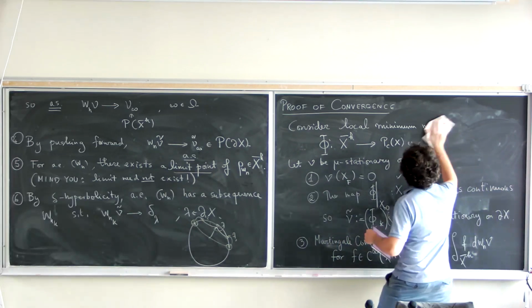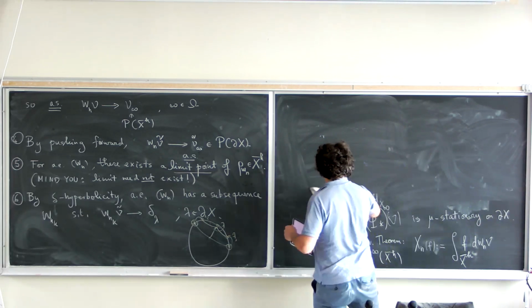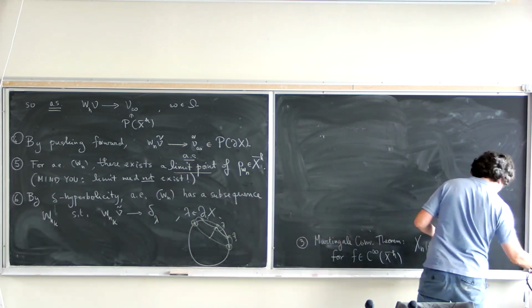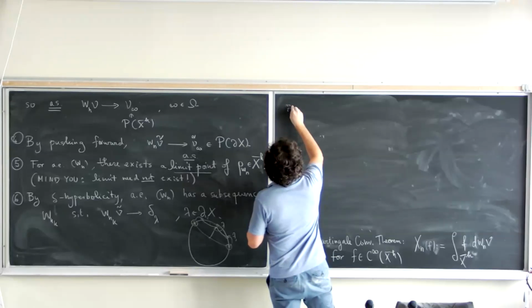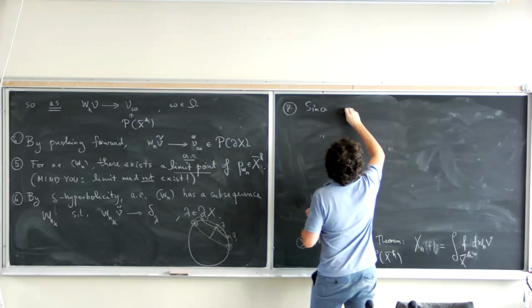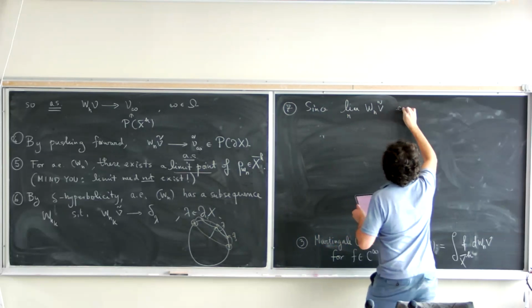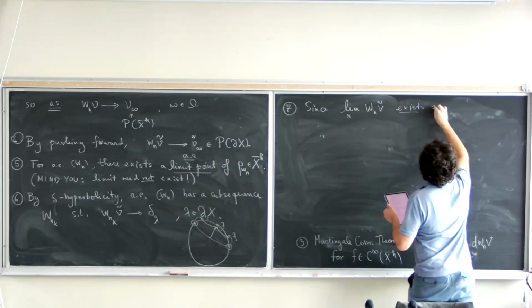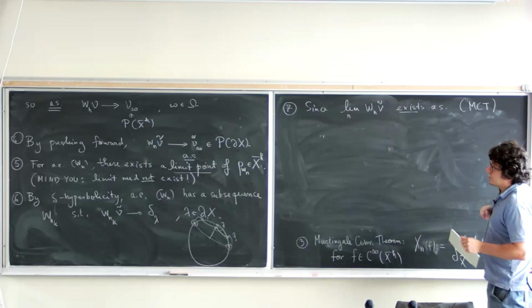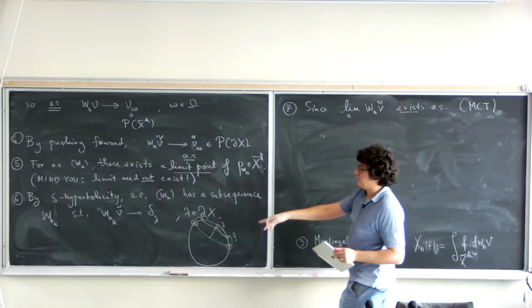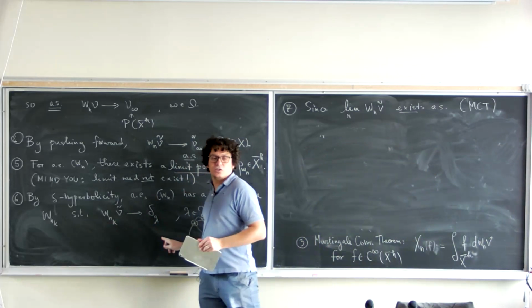Okay. And so finally we're ready. We're on the last step, which is to put all this discussion together. Since the limit exists almost surely by the martingale convergence theorem, it's not just the subsequence that converges, but the whole sequence that converges.